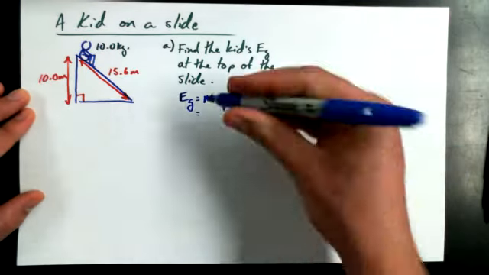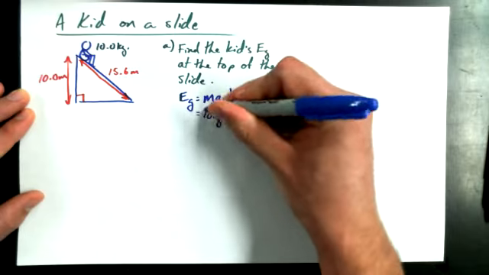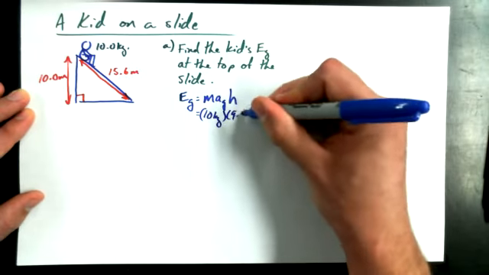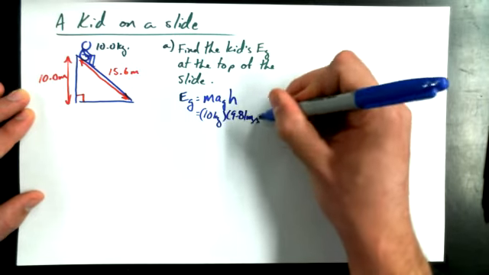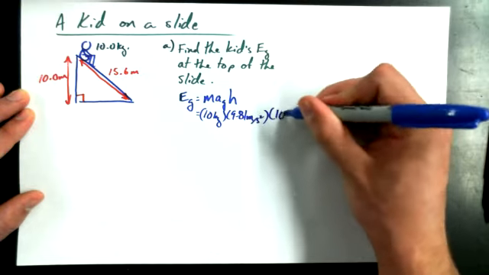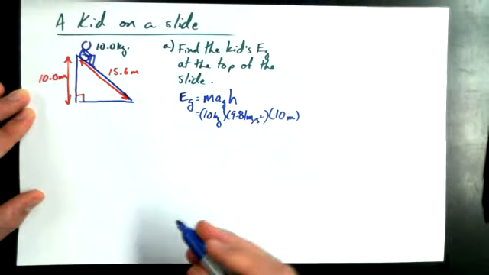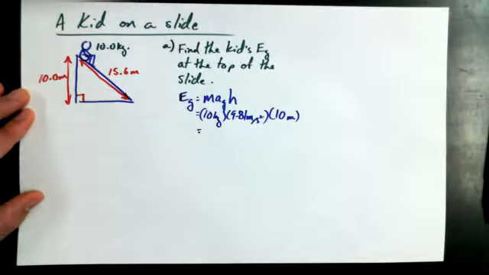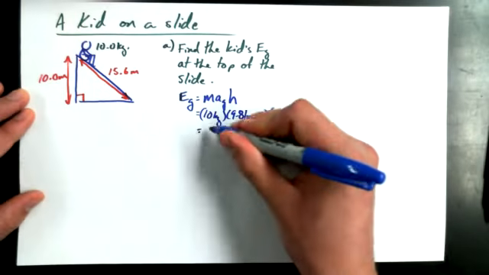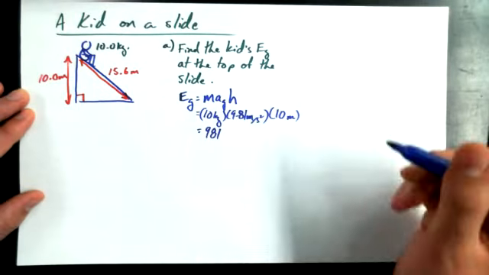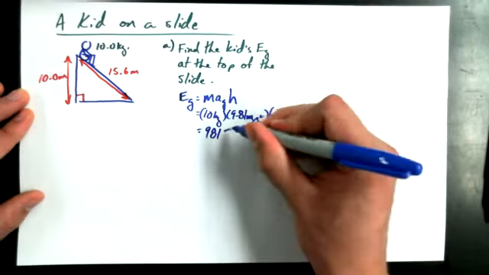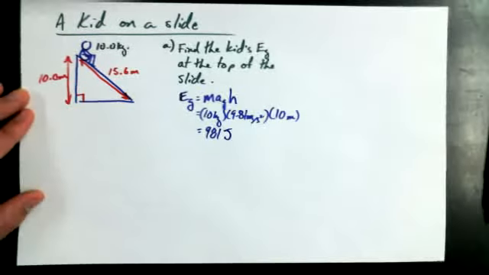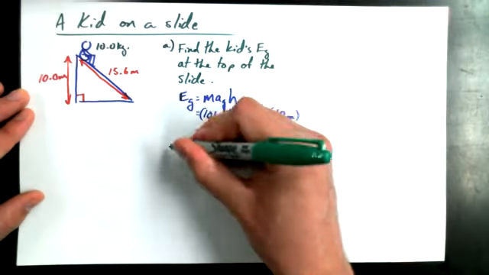Okay, so 10 kilograms times 9.81 meters per second squared times 10 meters, dropping off my trailing zeros to keep my notation small here. Well, 10 times 10 is 100. 100 times 9.81 is 981 kilogram meter squared per second squared, or joules. 981 joules.